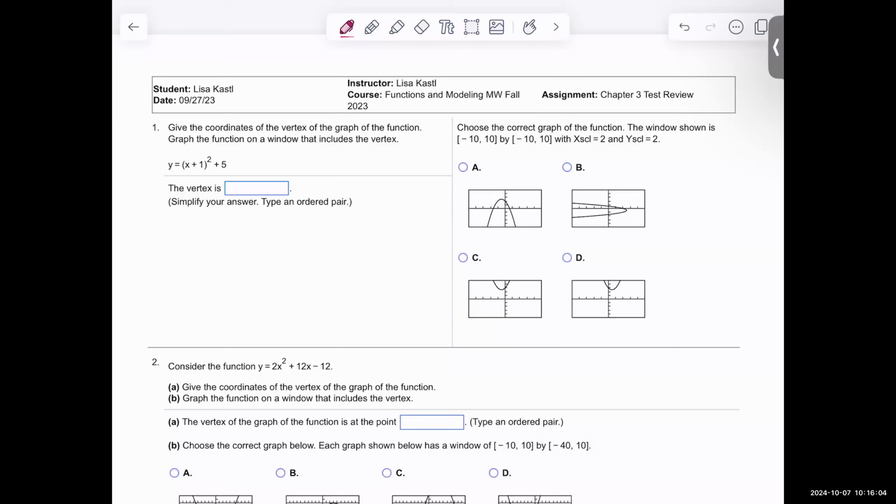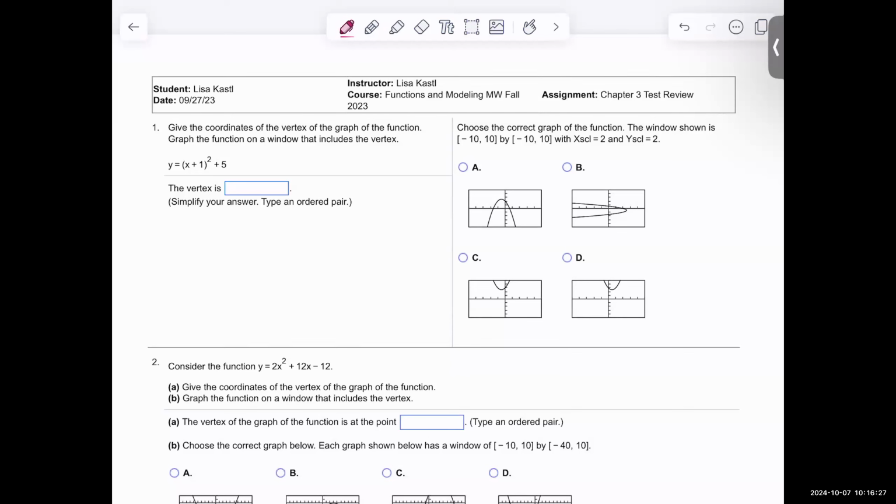Okay, problem one on your review. Give the coordinates of the vertex of the graph of the function. Graph the function on a window that includes the vertex. y equals quantity x plus 1 squared plus 5.